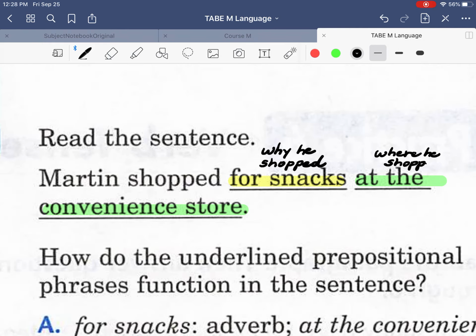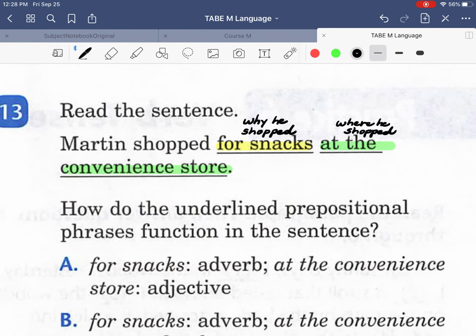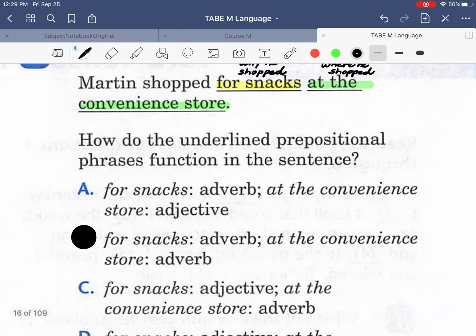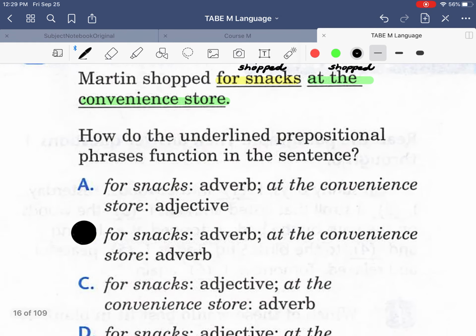Both of those refer to the verb shopped, so they are both adverb phrases. I like B. Why and where are adverbs. No adjectives involved here.